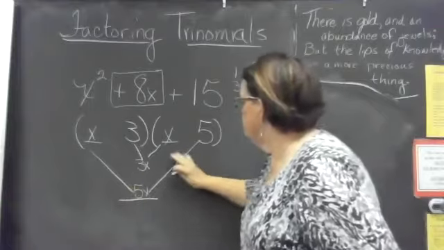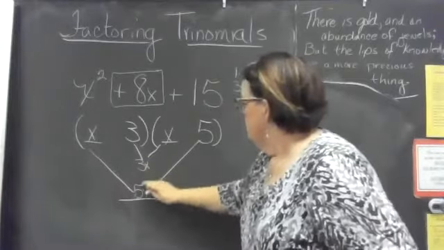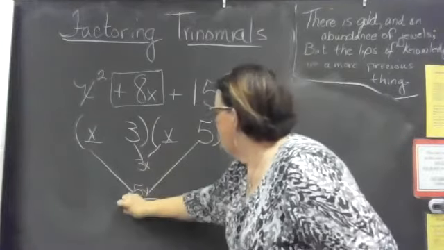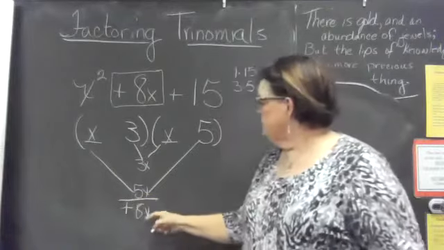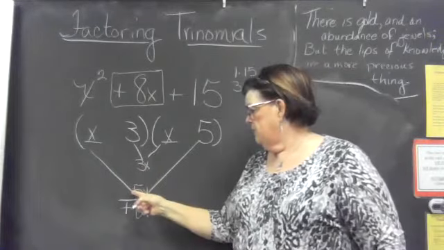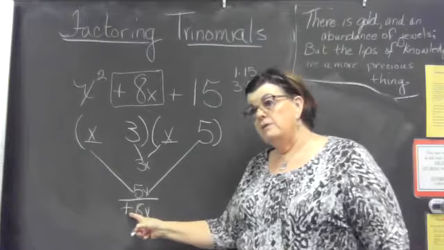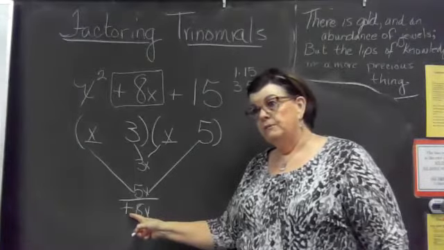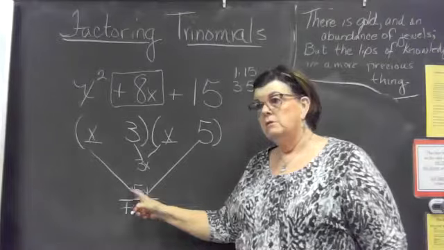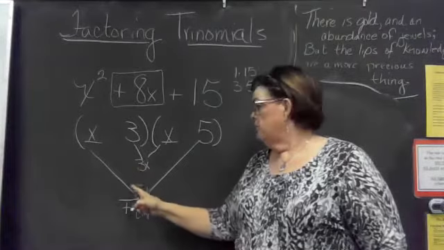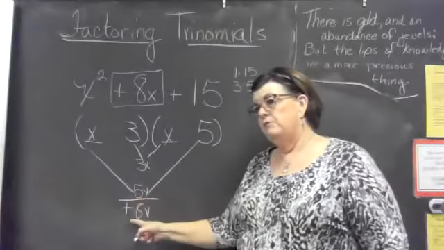And then this is all just work. You have to get a positive 8x. So you have to decide what the signs are going to be that will give you a positive 8x. They're going to have to be a positive and a positive, right? Positive 3 plus positive 5 gives you a positive 8.